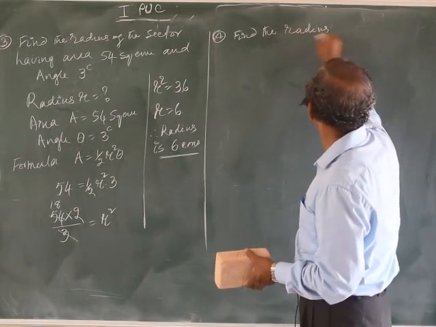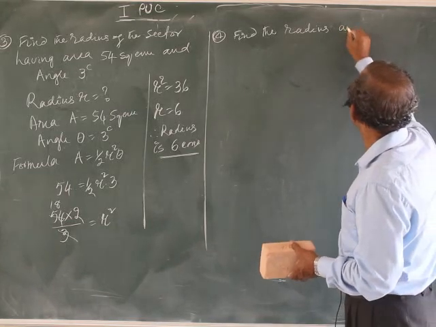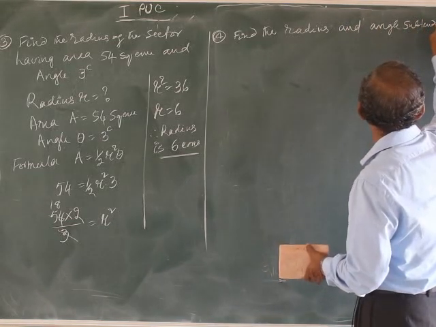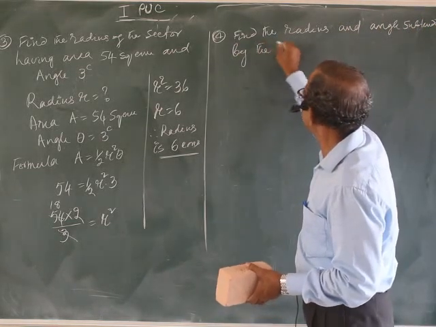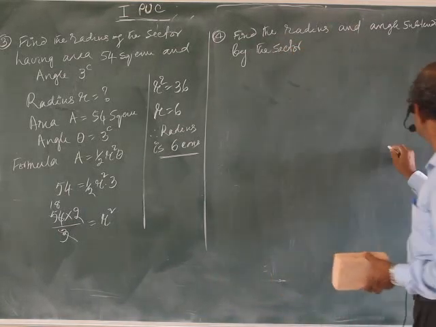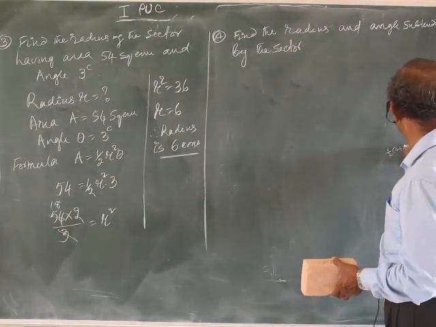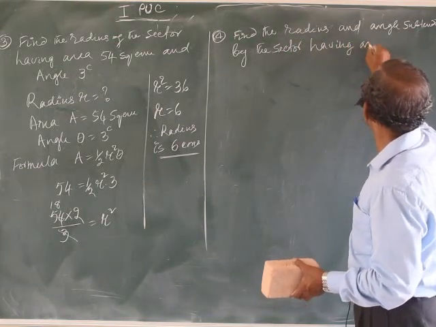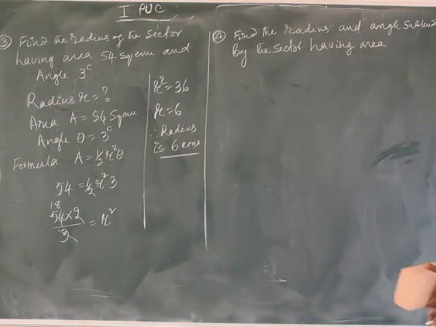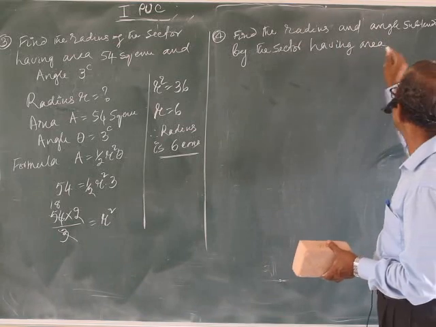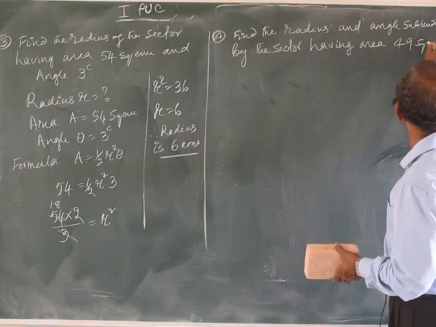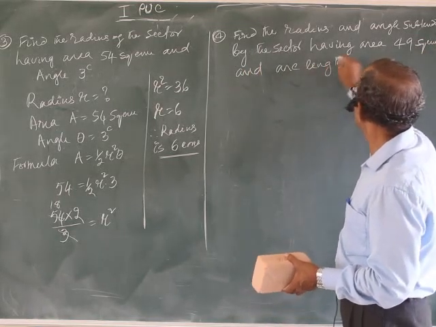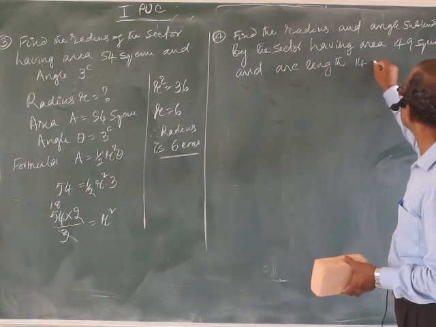Find the radius and angle subtended by the sector having area 49 square centimeters and arc length 14 centimeters.